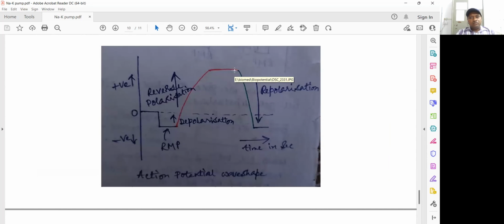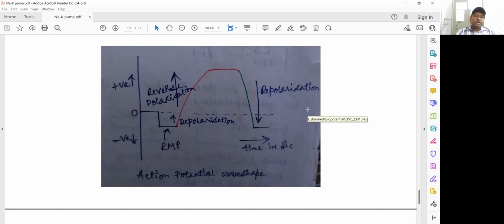As the ion travel time is less for nerve cells, we will see the action potential as just a spike.